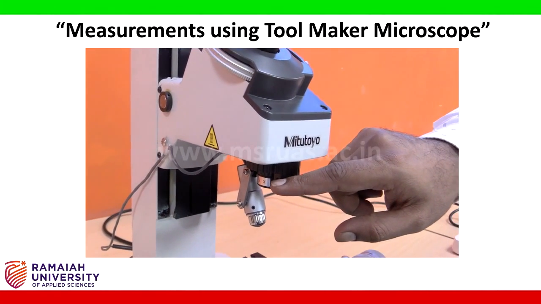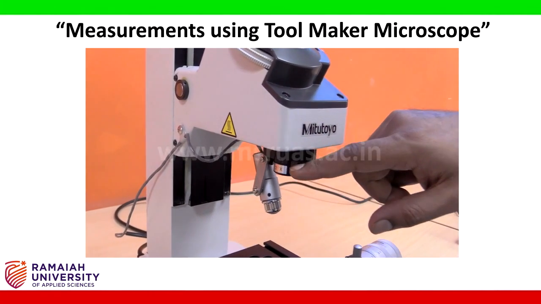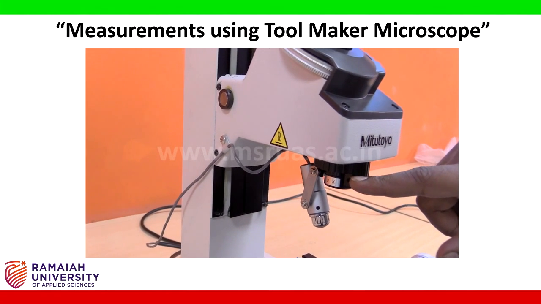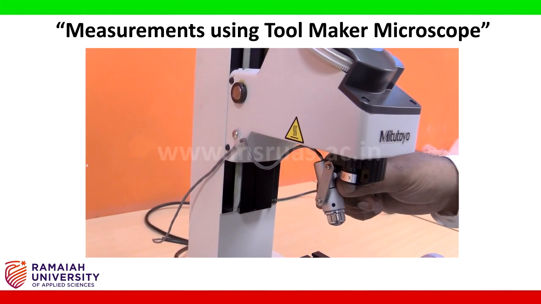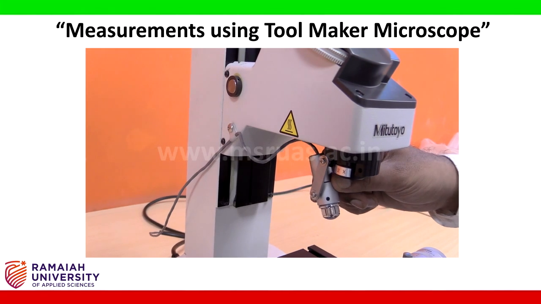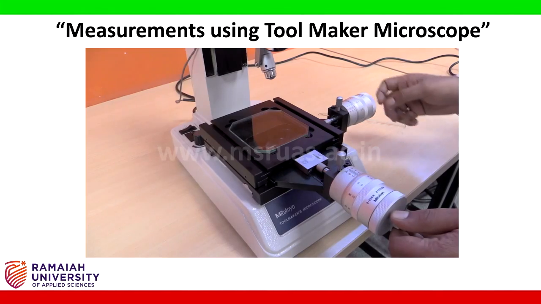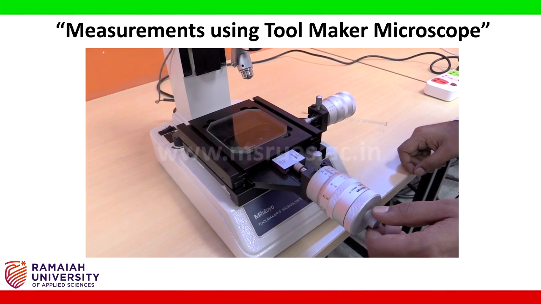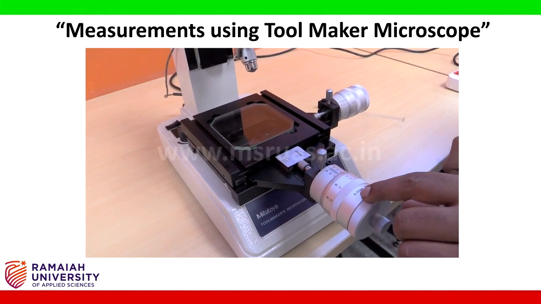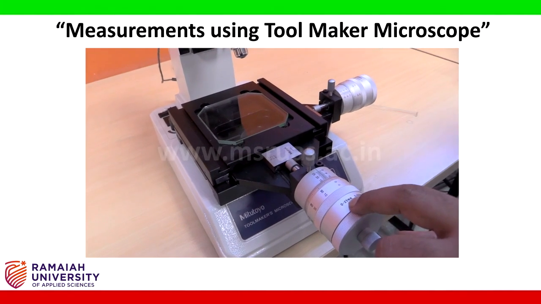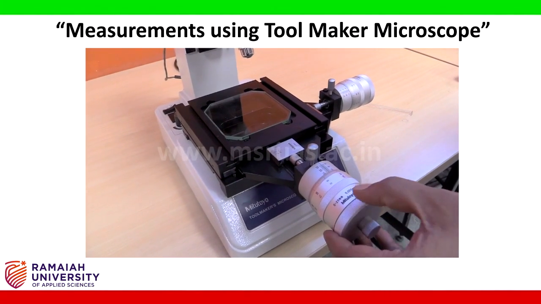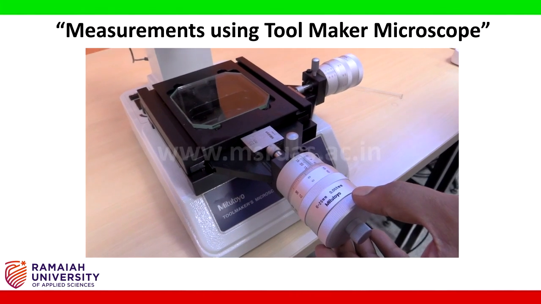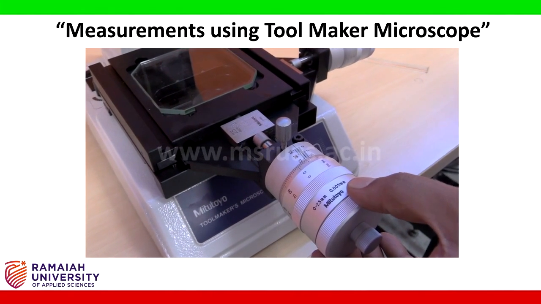This is the objective lens. The magnification of this objective lens is 2x. This is the surface illuminator. This is the y-axis. The y-axis micrometer head is having a range of 0 to 25 mm and a least count of 0.005 mm or 5 micrometer.